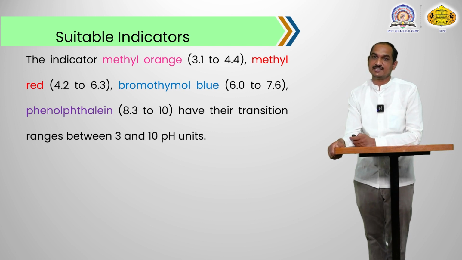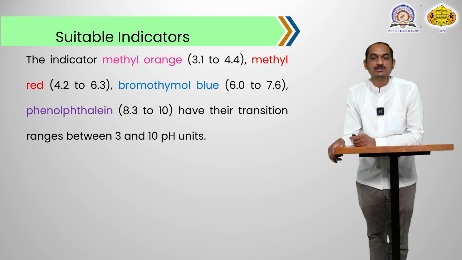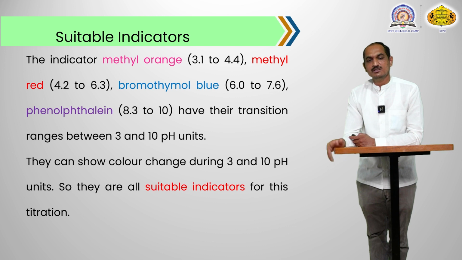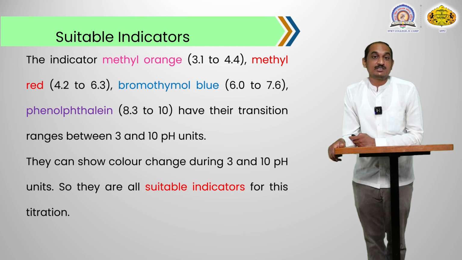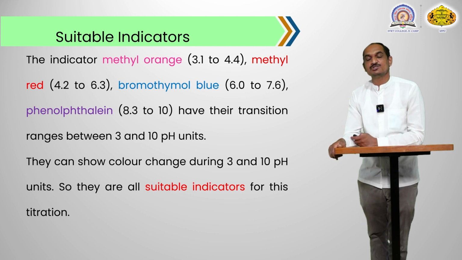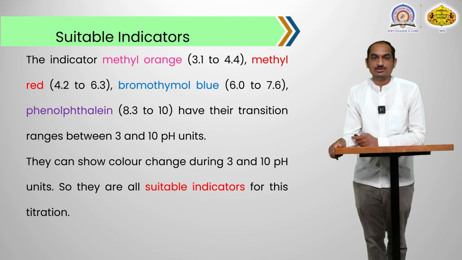These are the transition ranges between 3 and 10 pH units of different indicators. These indicators can show the color change between 3 and 10 pH units, so they are the suitable indicators for the titration.